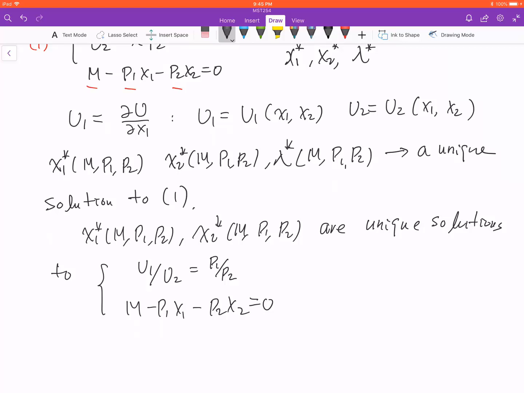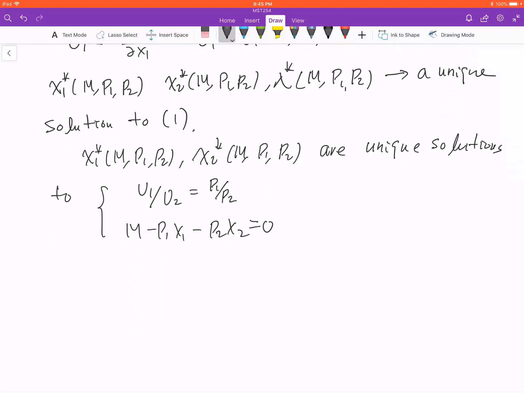So now let's look at this system over here. Now no lambda, and let's rescale the equations over here. That means m goes to tm, p1 goes to tp1, and p2 goes to tp2.